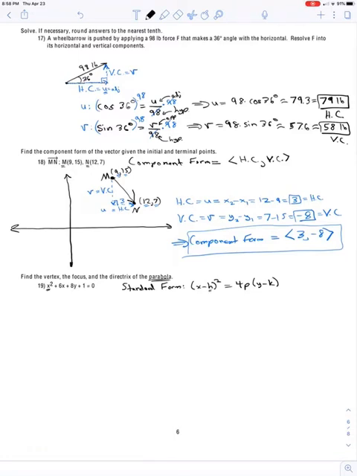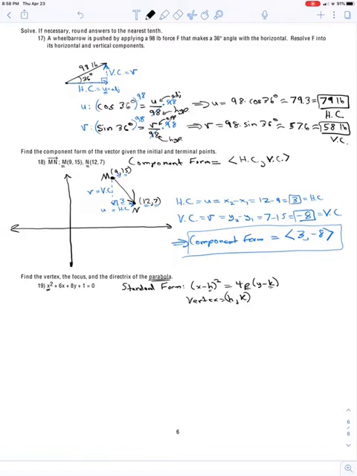And again, h and k reference our vertex. The vertex is that ordered pair (h, k). And p will tell us about our focus and our directrix. So keep that in mind.